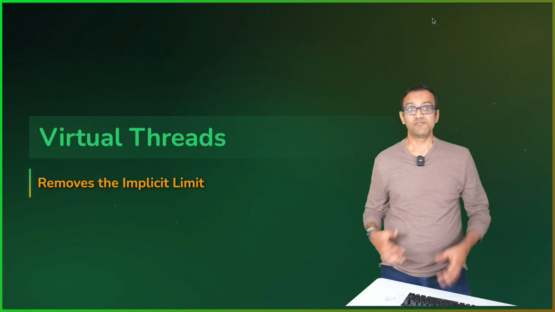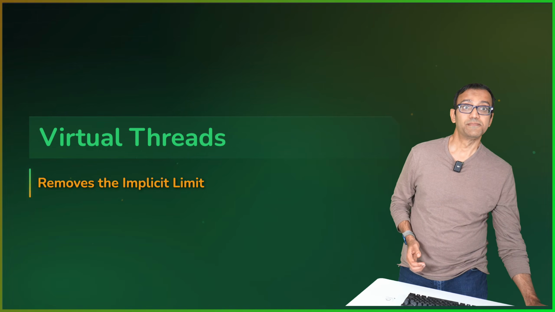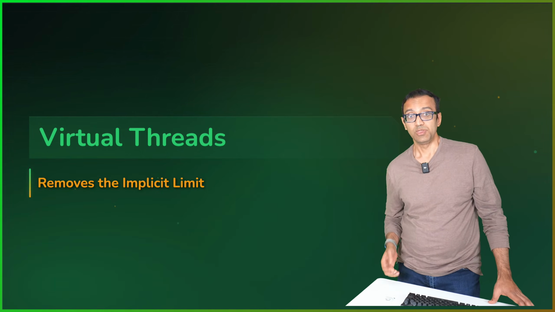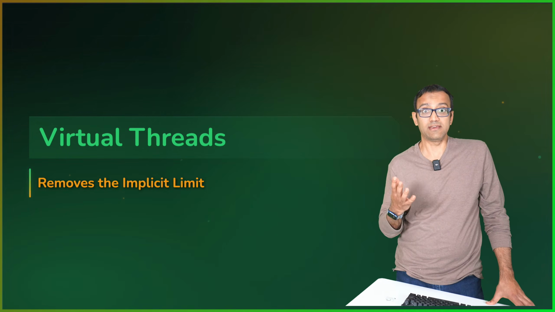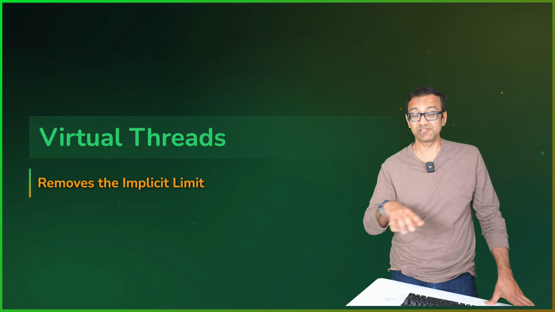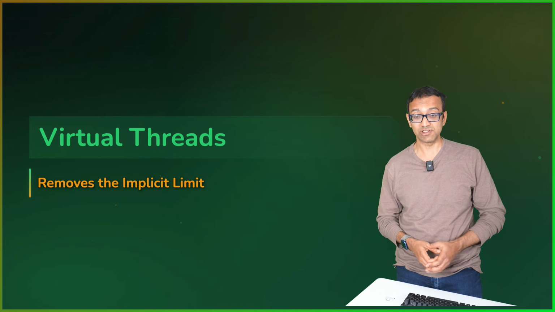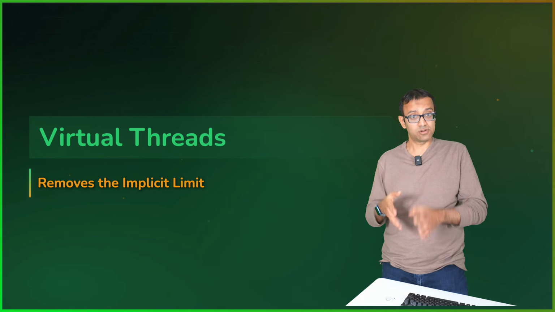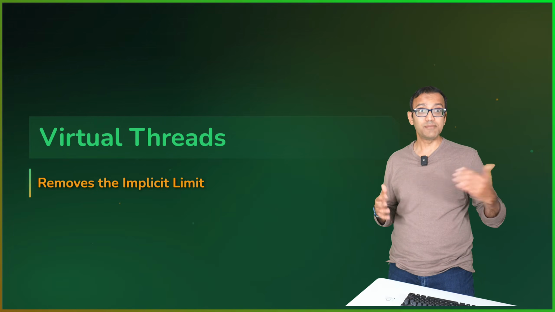Okay, now with virtual threads, you don't have that implicit limit anymore. They're cheap. You can create millions of threads. Now Spring Boot 4 can automatically use virtual threads. There's a property called spring.threads.virtual.enabled equals true, and then you automatically use virtual threads. So let's say you have a controller that connects to the database, and you have an unlimited number of threads.